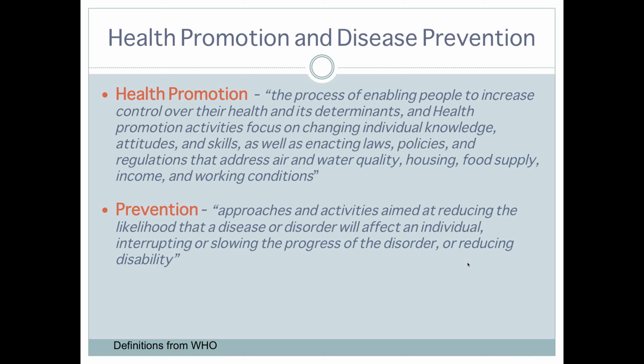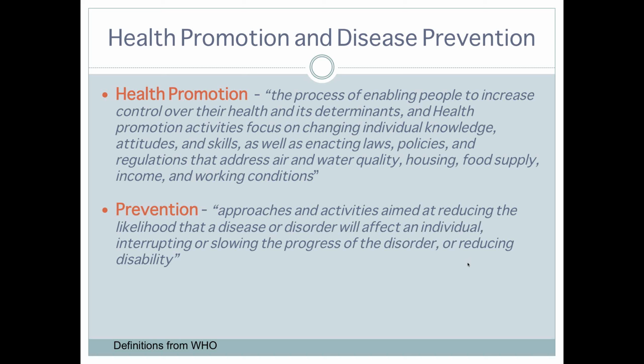For prevention, the definition is approaches and activities aimed at reducing the likelihood that a disease or disorder will affect an individual. And it's also approaches that will interrupt or slow the progress of a disorder or reduce disability.